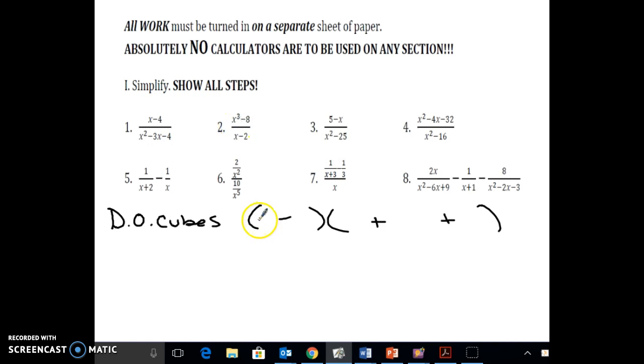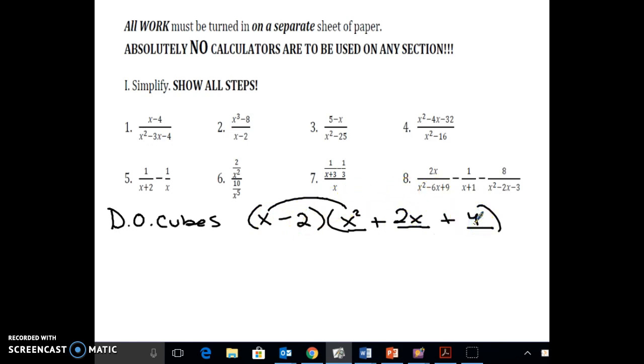And you're going to take the cube root of each piece. So you'll take the cube root of x cubed and the cube root of 8, and then you're going to square this first piece to get that. You're going to multiply these two pieces together, and the last piece you will square.